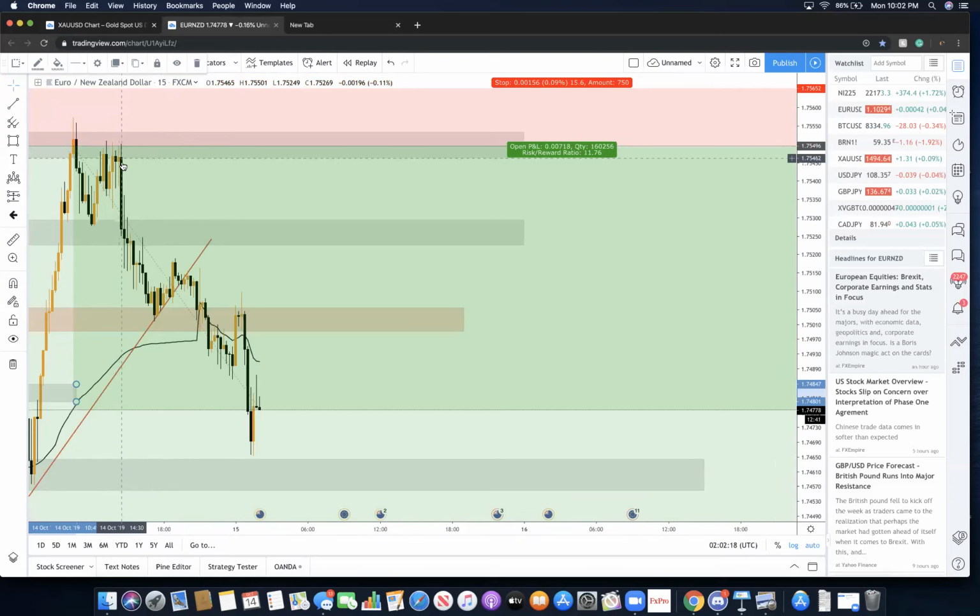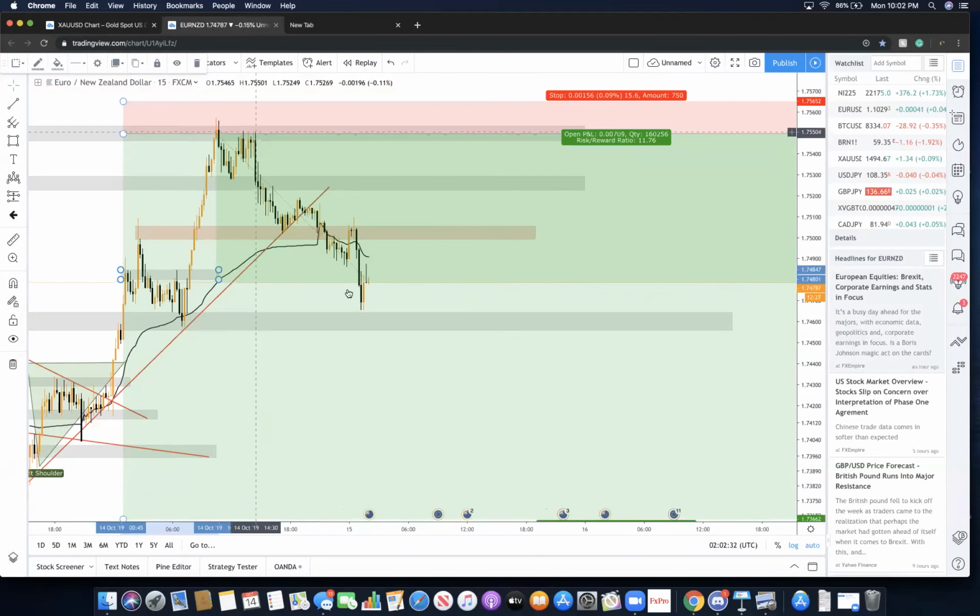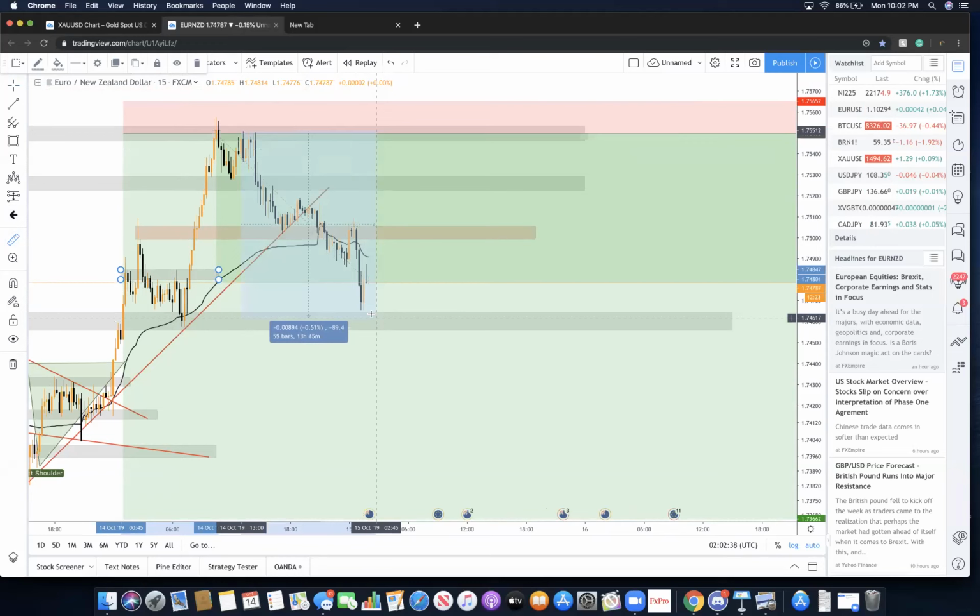Me personally, I took this trade on the engulfing of this candle, and then the market came back and tapped right around where my entry was a few times before it actually made the move to the downside. So I took this trade for a sell from here, and the market is currently right here, which adds up to about 87 pips so far.